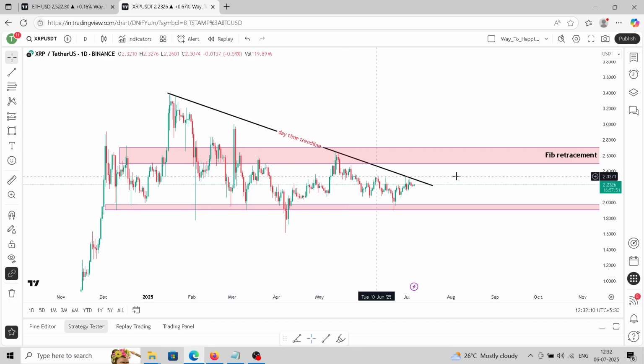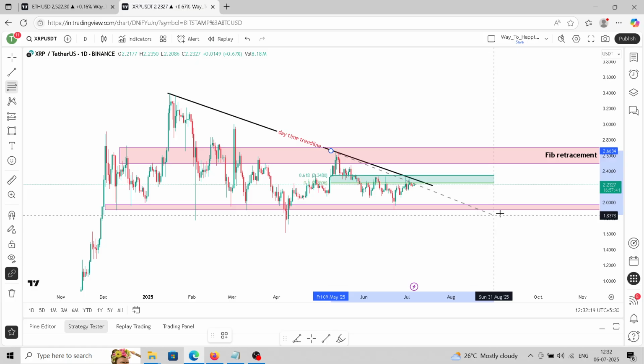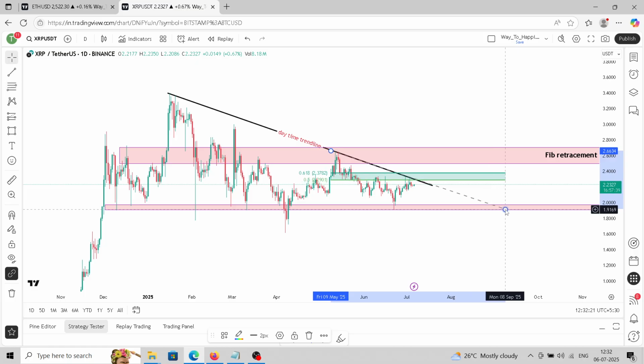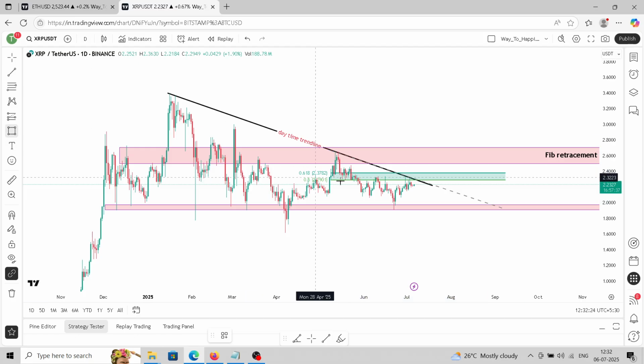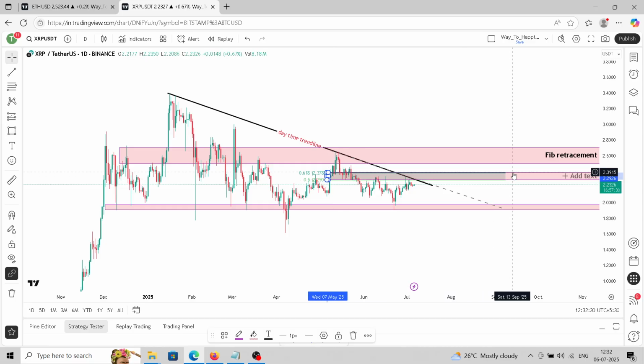It's also taking a rejection from the fib retracement. It took a rejection already from the fib retracement and came down. So mark this also. What is this? This is my fib for buying, which is my minor fib.